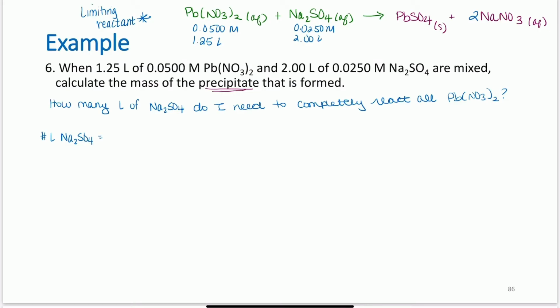I know I have 0.0500 molar solution of lead 2 nitrate, which is the same as 0.0500 moles of Pb(NO3)2 to 1 liter of Pb(NO3)2 solution.